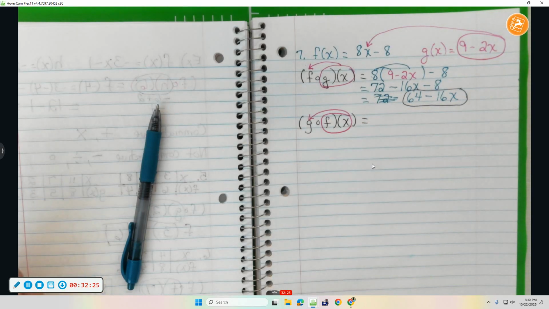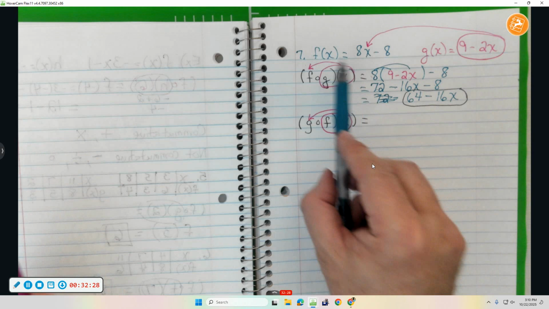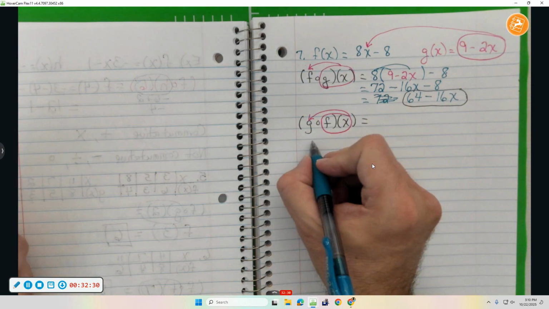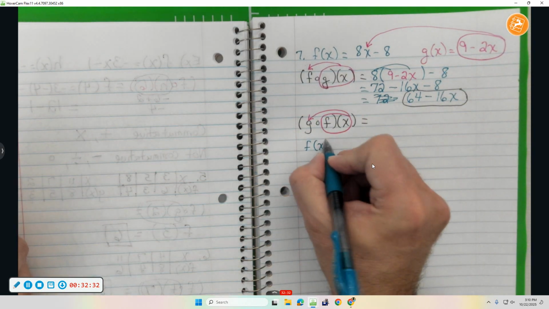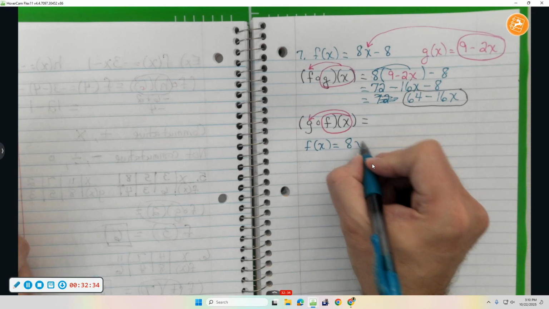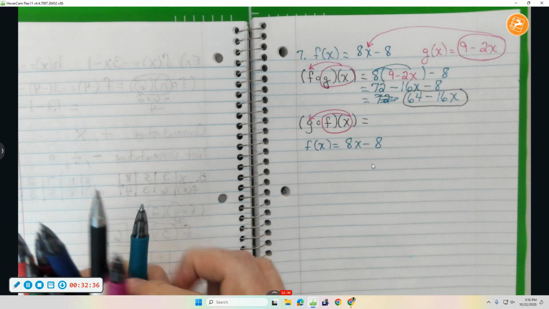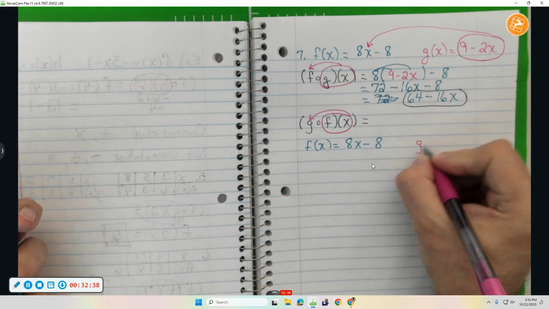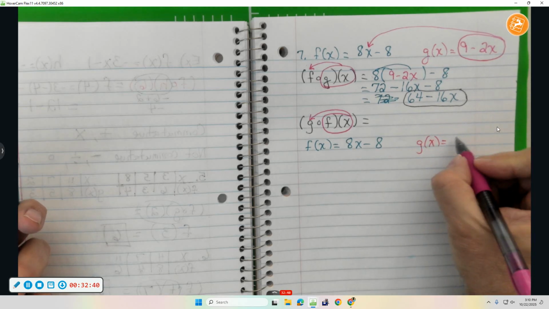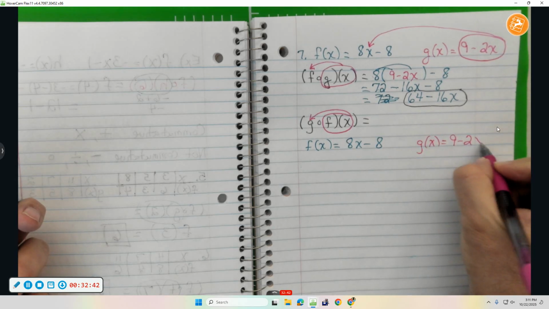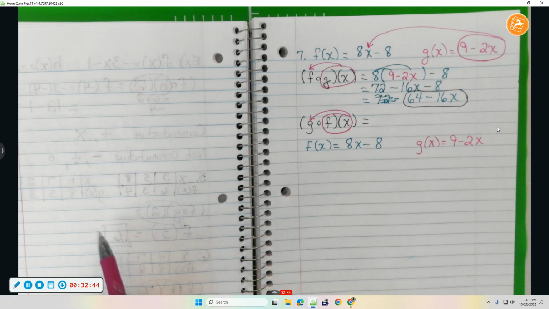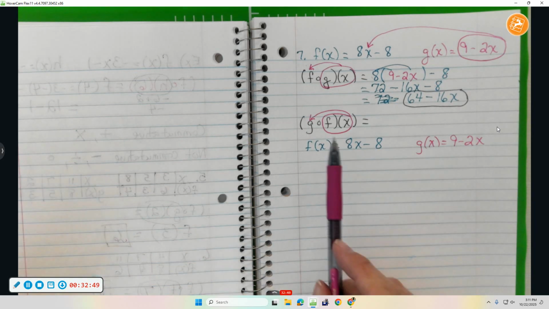You know what? You should have written it twice. I'm going to rewrite f of x equals and g of x equals. I messed up. I should have rewritten that just so I can make my little arrows. So I'm plugging f of x.